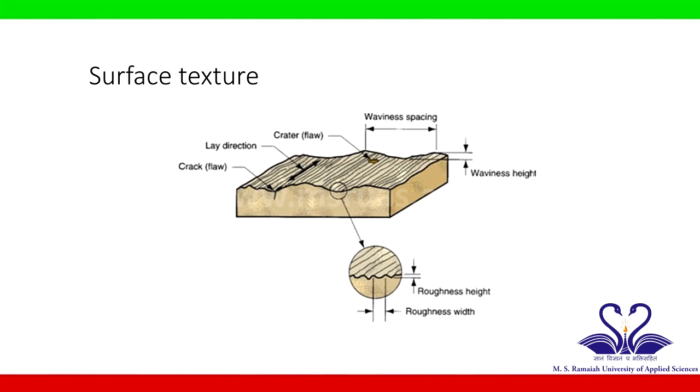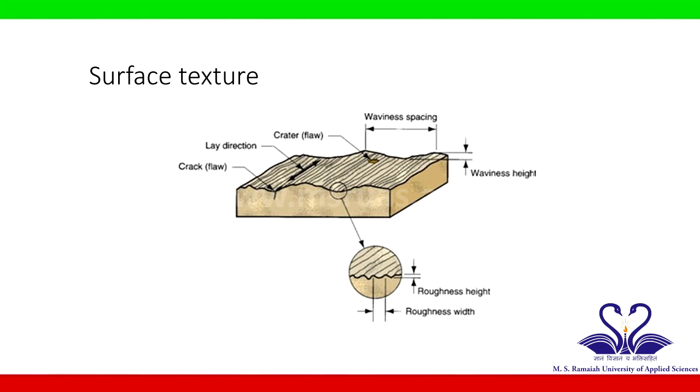It is determined by the material characteristics and the process that formed the surface. Waviness: waviness is defined as the deviations of much larger spacings. They occur because of work deflection, vibration, heat treatment, and similar factors.